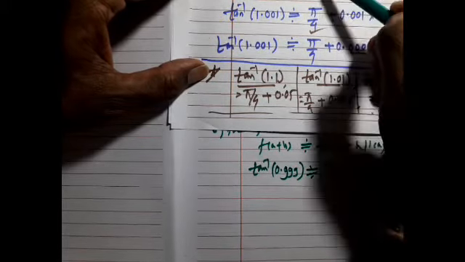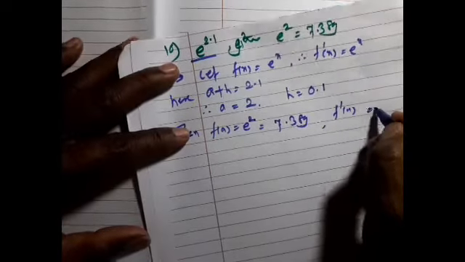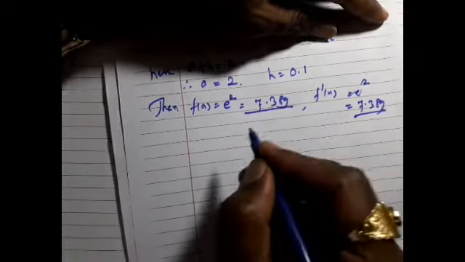Then f of a is e raised to 2, that is 7.389, and f dash a is also e raised to 2, that is also 7.389, same values.